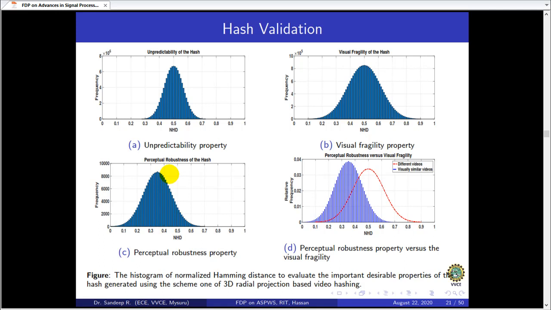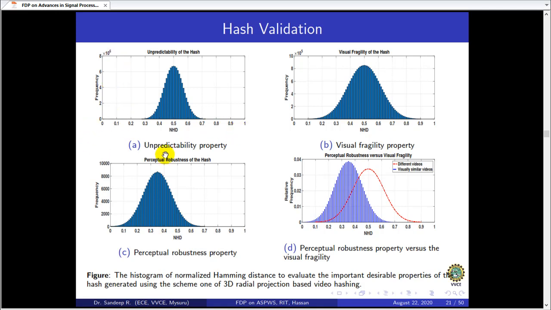I have considered 224 videos for validating the hash properties. Once I do that, I'll have the normalized Hamming distance values. I'll plot the histogram, that is, the number of times the normalized Hamming distance was equal to 0.5, the number of times it was equal to 0.4, and so on. Once I plot that, I get this. The X-axis is the normalized Hamming distance values.